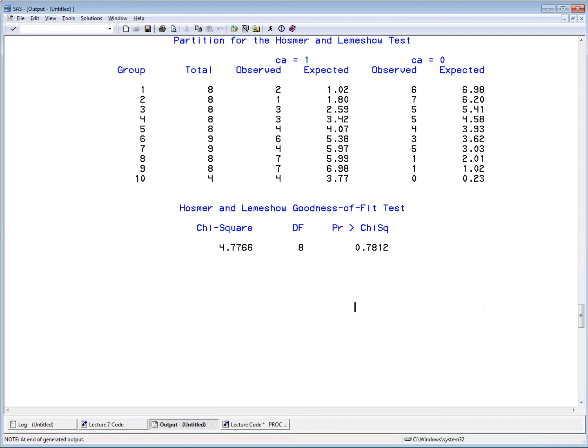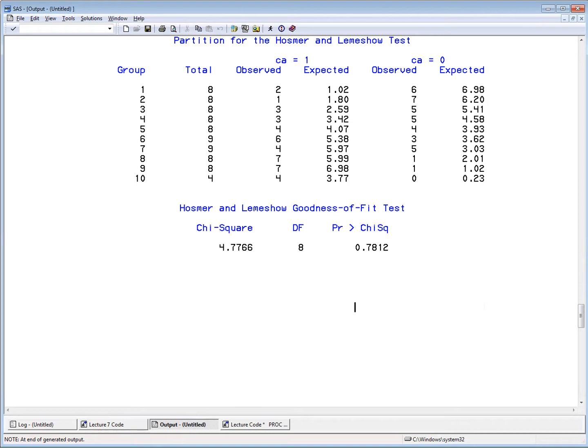I would expect to see 1.02 people in this first group who have coronary artery disease. And in fact, I observed 2. The next one says I would expect, based on my model, to have 6.98 not have the disease. And in fact, 6 have it.